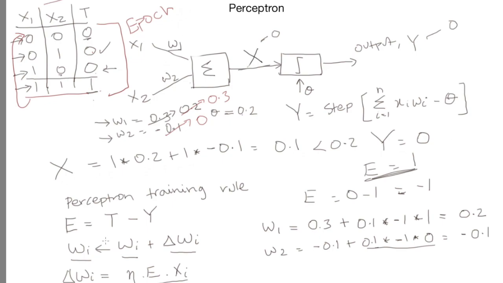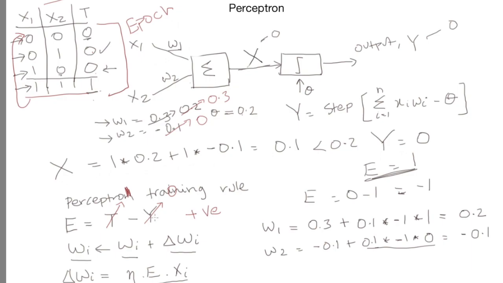Let's pause for a while and ask ourselves, why does the perceptron rule work? Well, if you think about it, there are two possibilities. Suppose we have a very large output that is expected, but our perceptron is producing a small output. So in this case, the error is going to be positive.